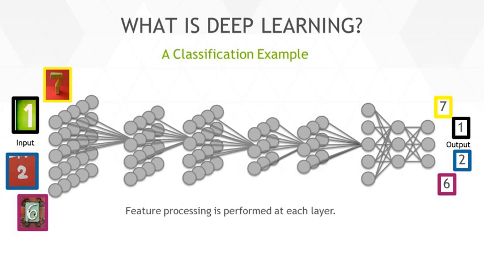As you ingest data through your network, the responses of the network convolved together tell you what the input is. If I push an image of a 7 through my network, ideally the output will tell me that the image was a number 7, as opposed to a number 1, a number 2, or a number 6.